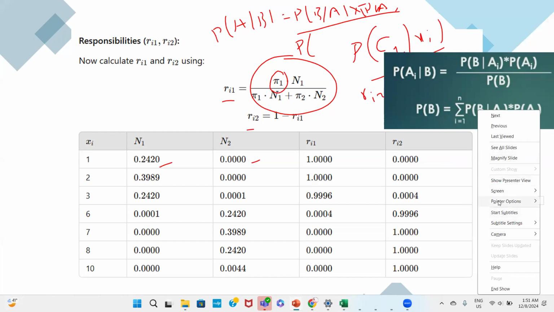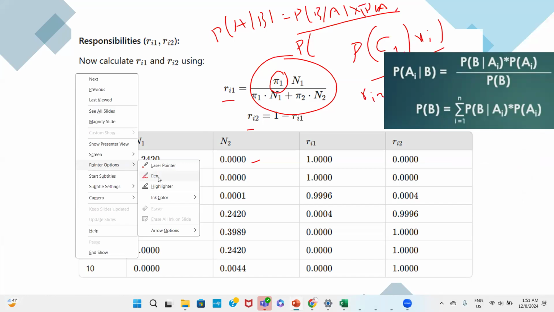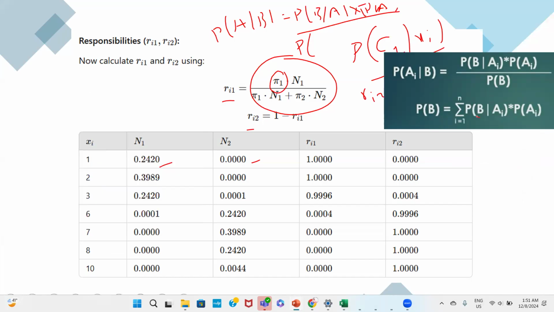That means the probability of a point belonging to cluster C1, the probability of a point belonging to cluster C2, and all that. So N1 is nothing but the probability of point xi belonging to cluster 1, and N2 is nothing but the probability of point xi belonging to cluster 2. And these are the prior probabilities of cluster C1 and cluster C2. So that is what P of B is according to Bayes.